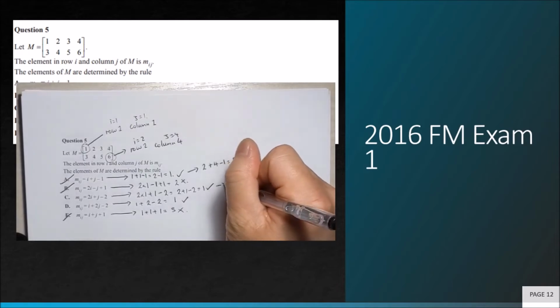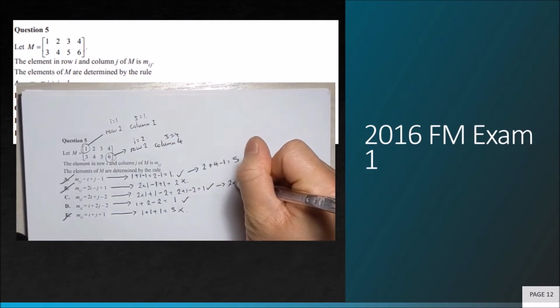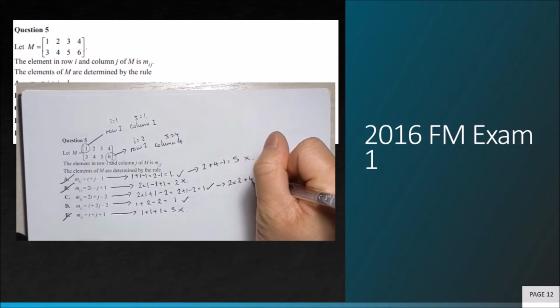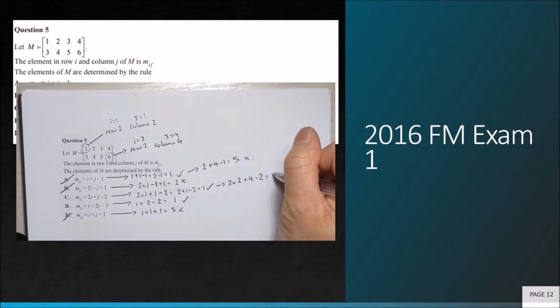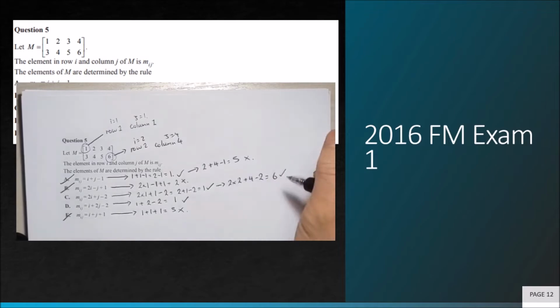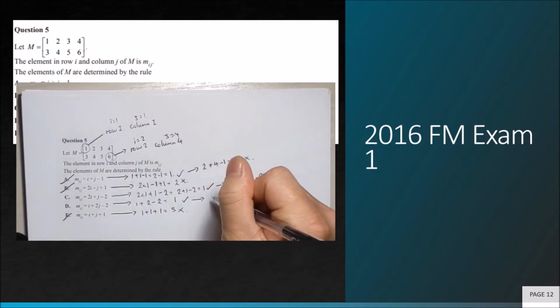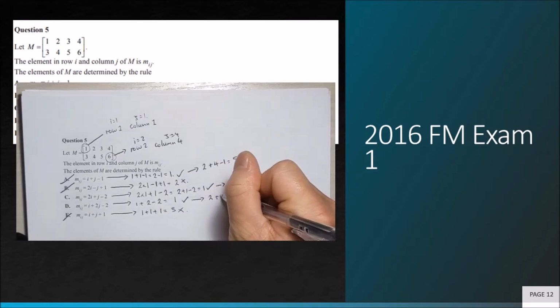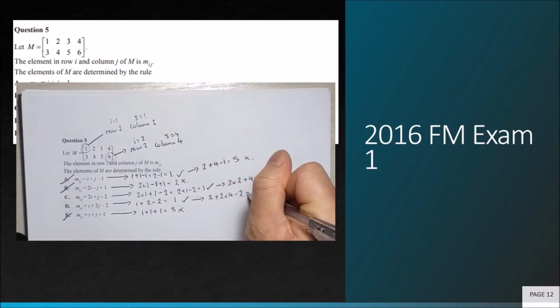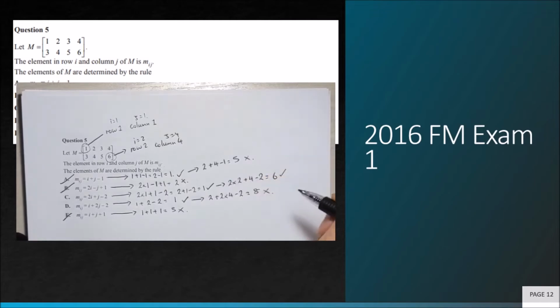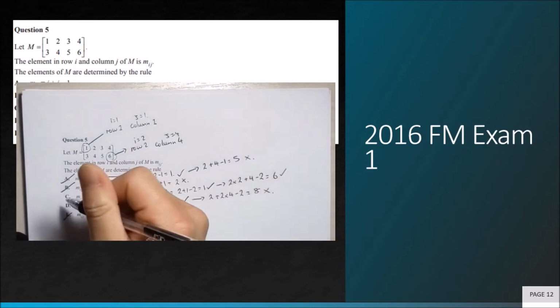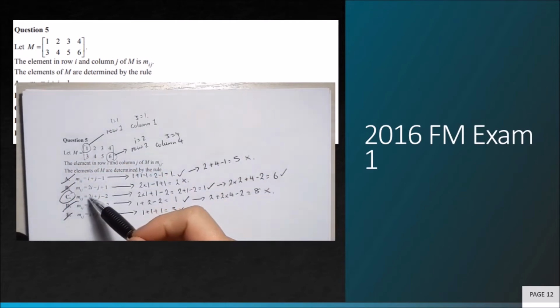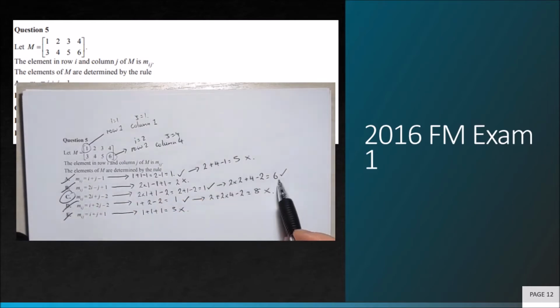Let's check C. For C, we've got 2 times i, which is 2, plus j, which is 4, minus 2, which equals 8 minus 2, 6. This one checks off. The last one that we need to check is where i is 2, j is 4, so that's 2 times 4 minus 2, which ends up being 8, so that does not work either. So the answer to this one must be C, because we checked 2 numbers and they both produce the correct number there, which is a 6.